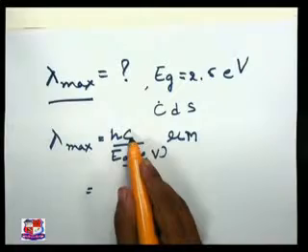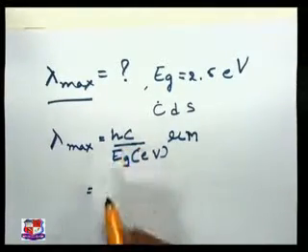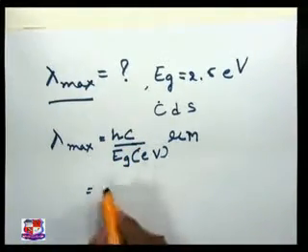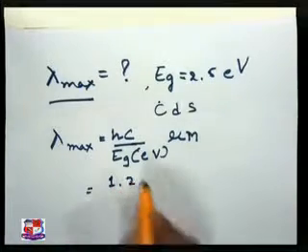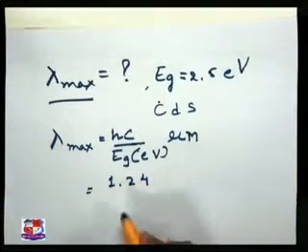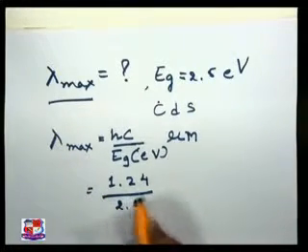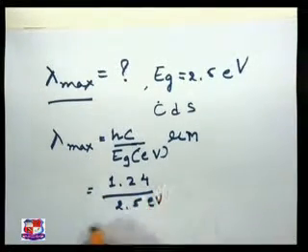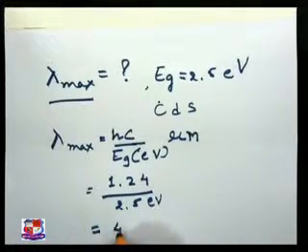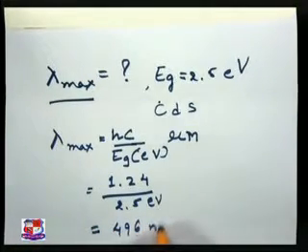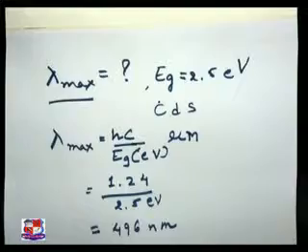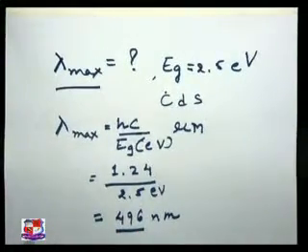Actually h is a constant, c is a constant: c is the velocity of light in vacuum, h is Planck's constant. So we can have 1.24 as a constant value, and we can just substitute this 2.5 eV, so we get the answer as 496 nanometer. So we can easily have the answer.